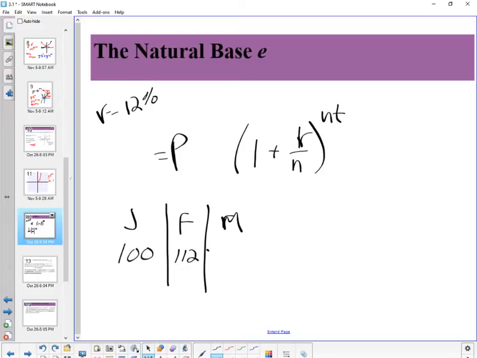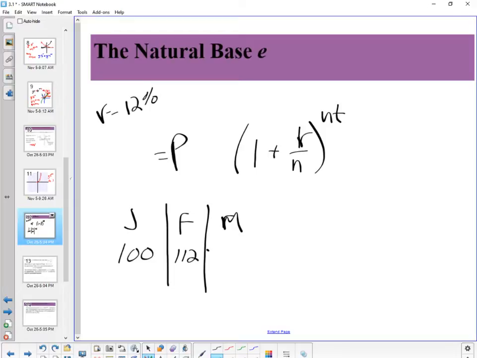Can somebody find me 12% of 112 real quick? I got 13.44. Can someone confirm that for me? Okay. Now, do I really owe them $13.44 at the end of that month?